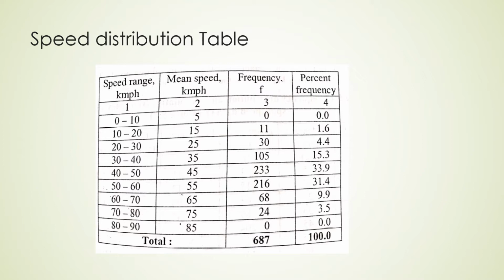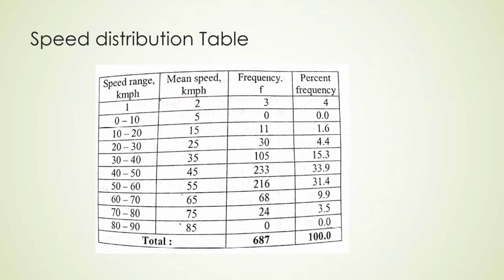As you have done in your statistical papers in your plus two, that level of maths is only needed for this. Between 0 to 10, you divide as class intervals, 0 to 10, 10 to 20, 20 to 30, like that, and you count the number of vehicles which have a speed in that particular speed range.